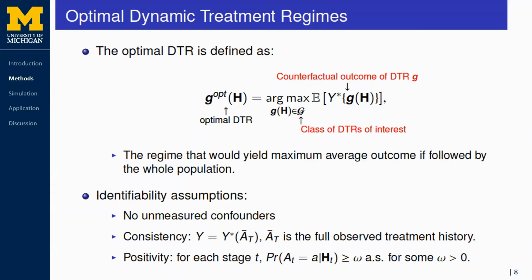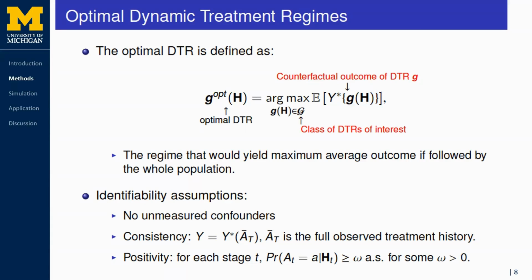So that is why this whole framework is within causal inference, and all the technical skills you develop for the method are related to missing data analysis as well. So maybe many of you are familiar with that. Okay, so my goal is to find this regime, the decision rule that will yield the maximum average outcome if everybody in the whole population follows the decision rule g.